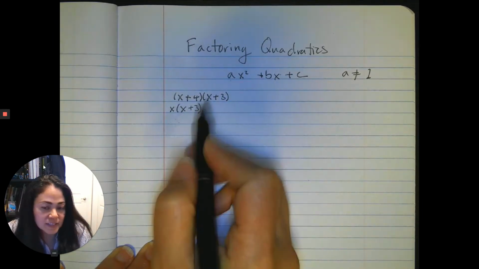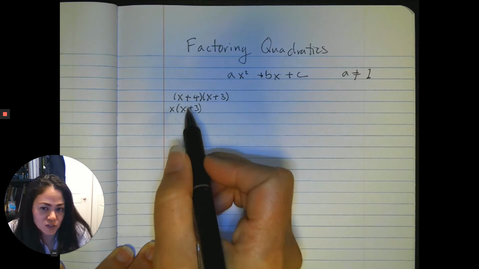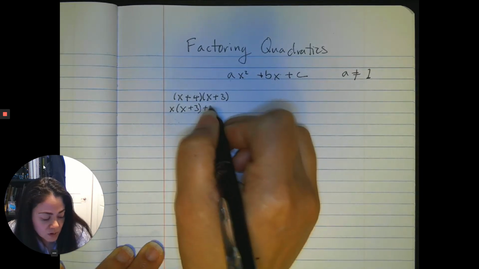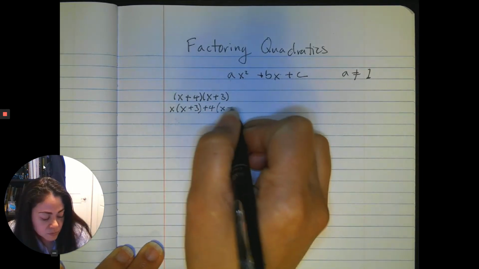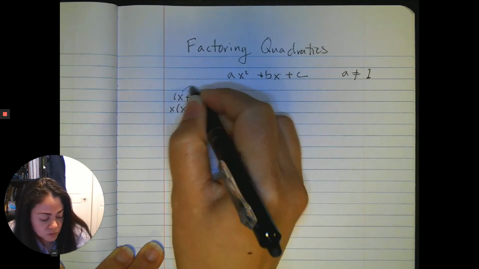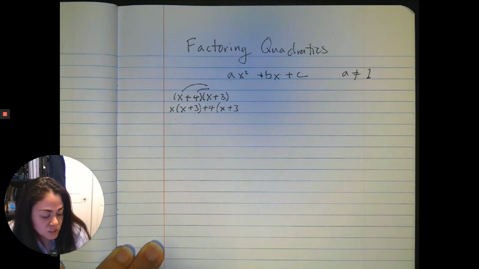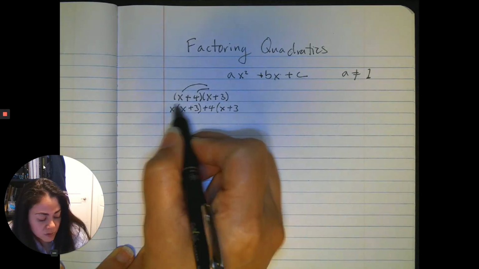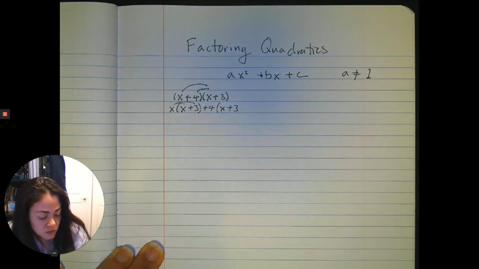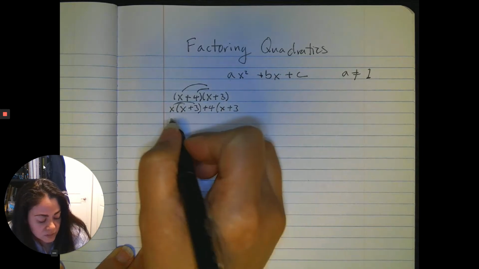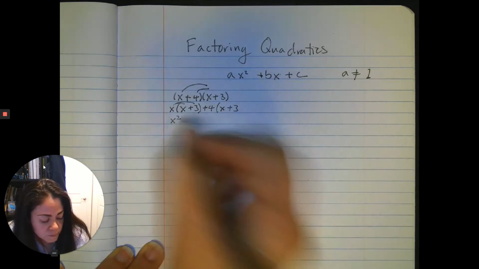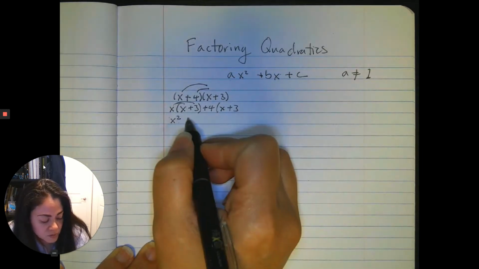And then I'm going to take the second term in the first binomial, that's positive 4, and multiply that by x plus 3. So I've taken this first term, multiply it by the whole thing, second term, multiply it by the whole thing. Now, of course, I just do the distributive property within each of these little pairs. So x times x is x squared, and x times 3 is positive 3x.